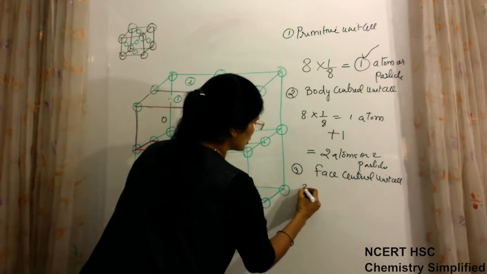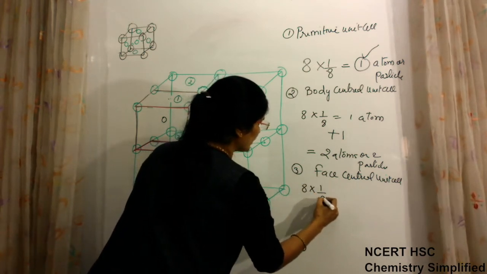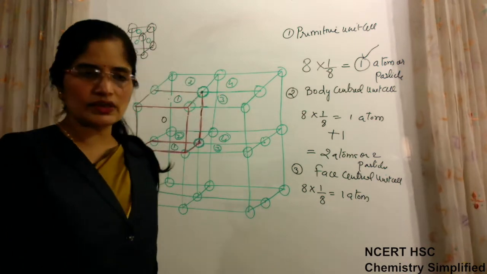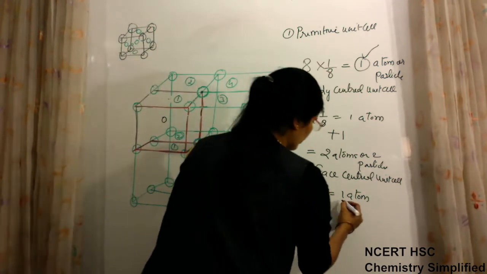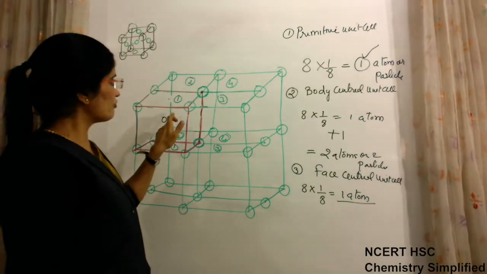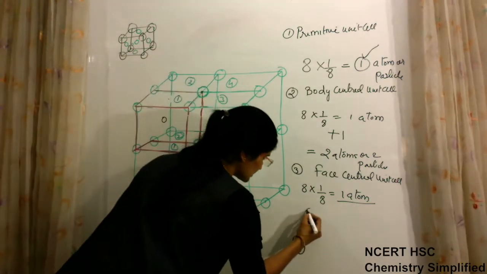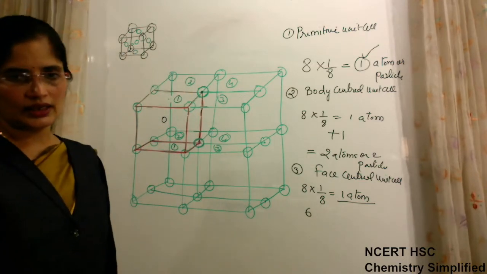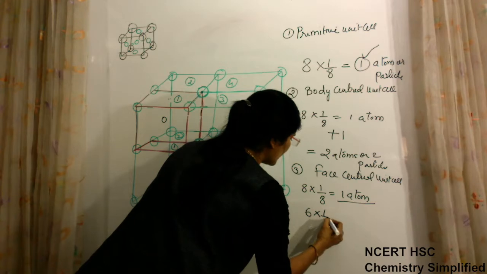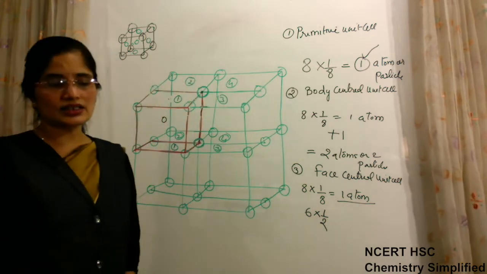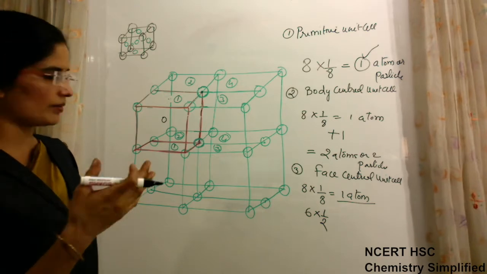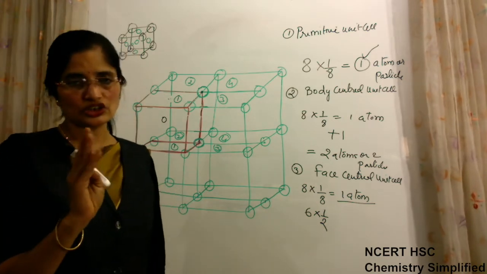Okay, so corner particles: 8 into 1/8 is equal to 1 atom. This is for the corners, and it will be the same for all. So 1 atom will be contributed by the corners. Now in case of face centered, there are a total of 6 faces, and each is shared by 2. That means half of the particle comes into 1 unit cell because 2 are sharing it.